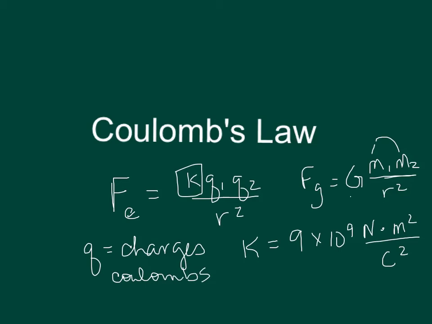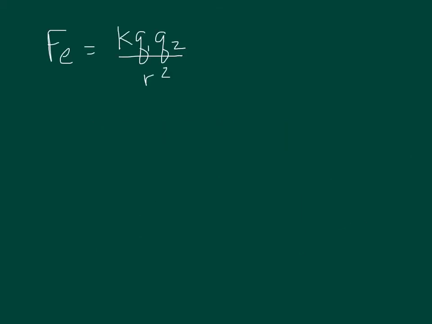So let's look at some of the relationships shown in this equation. Here's our equation, and basically what it's telling us is that the force is proportional to the charge. So if I double one of the charges, it's going to double the force. If I double both of the charges, I'm going to have to multiply that. So I doubled this one, and I doubled the other one, and so that's going to make my force 4 times bigger.